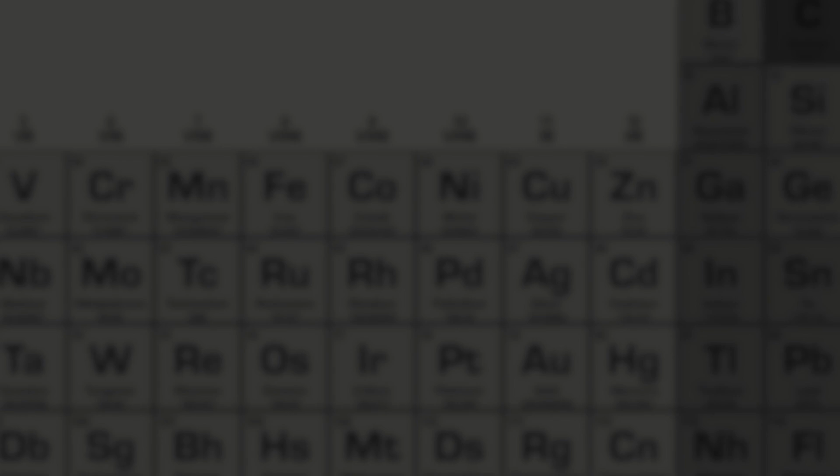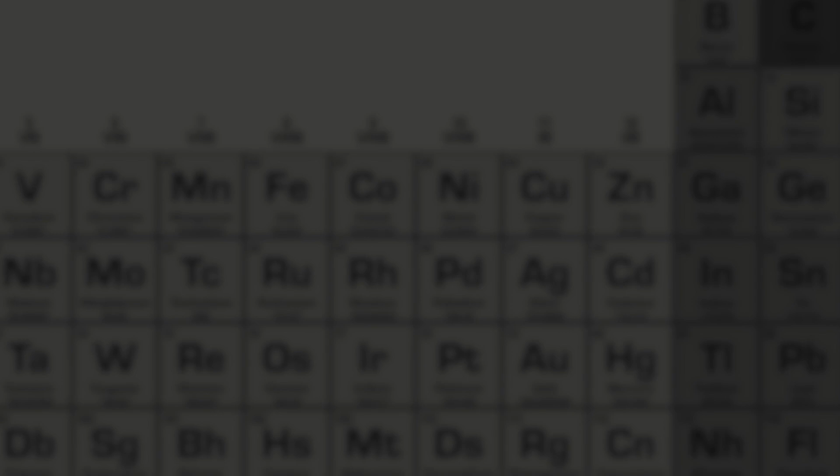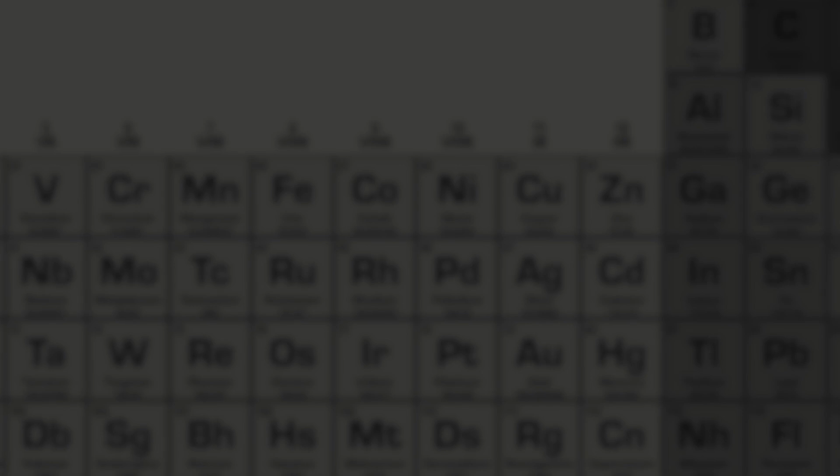Furthermore, the periodic table is an evolving document. As new elements are synthesized, they are added to the table. As our understanding of atomic structure improves, so does the accuracy of the data it represents.